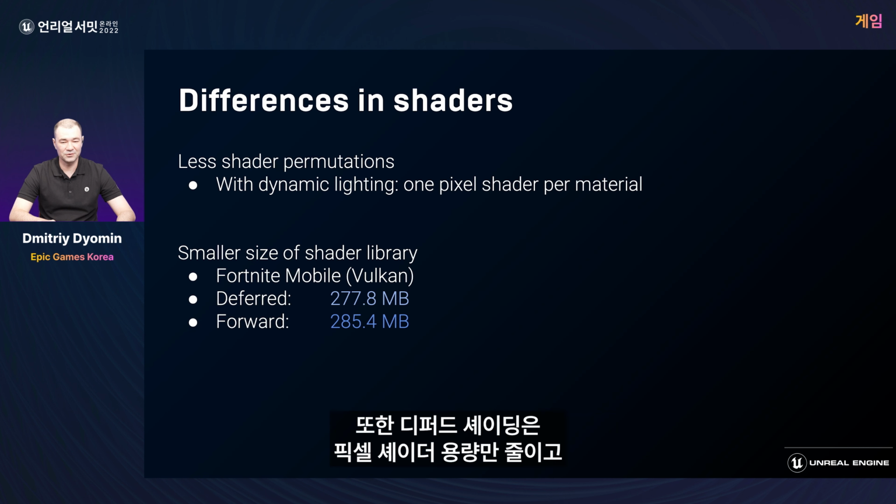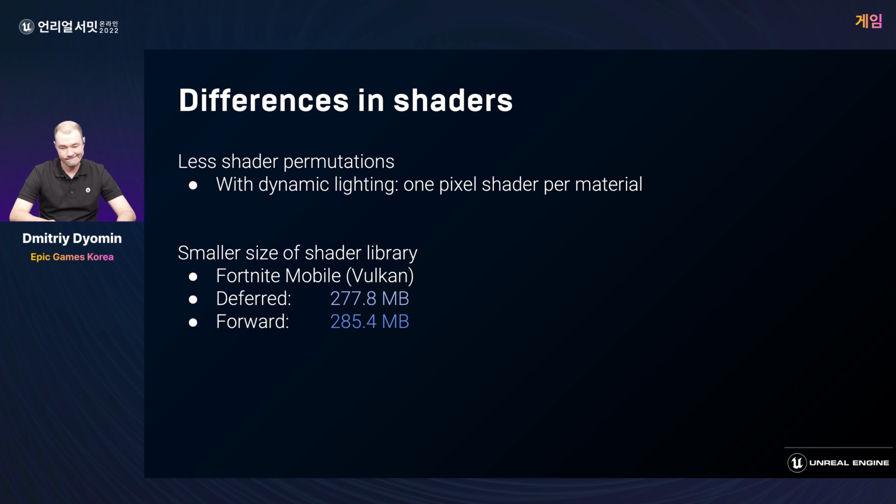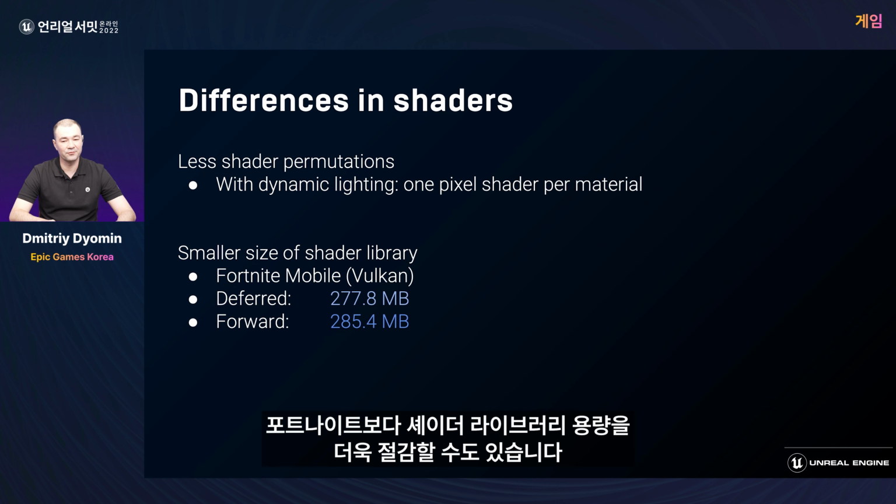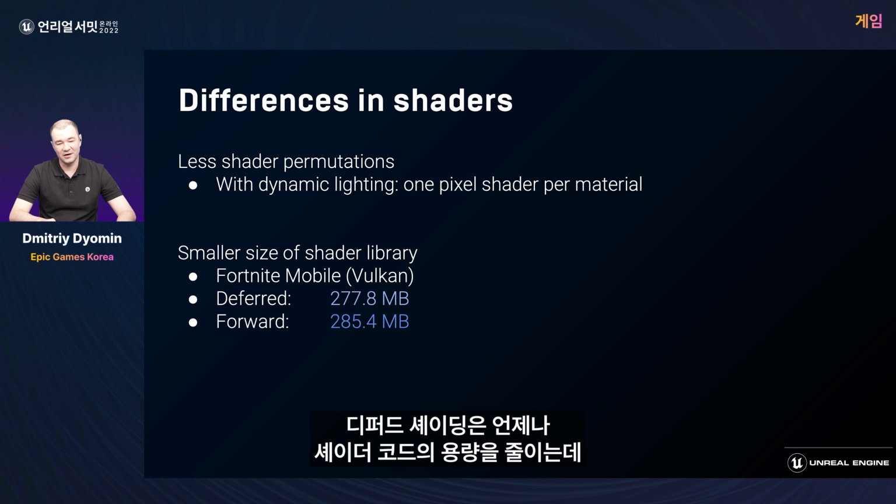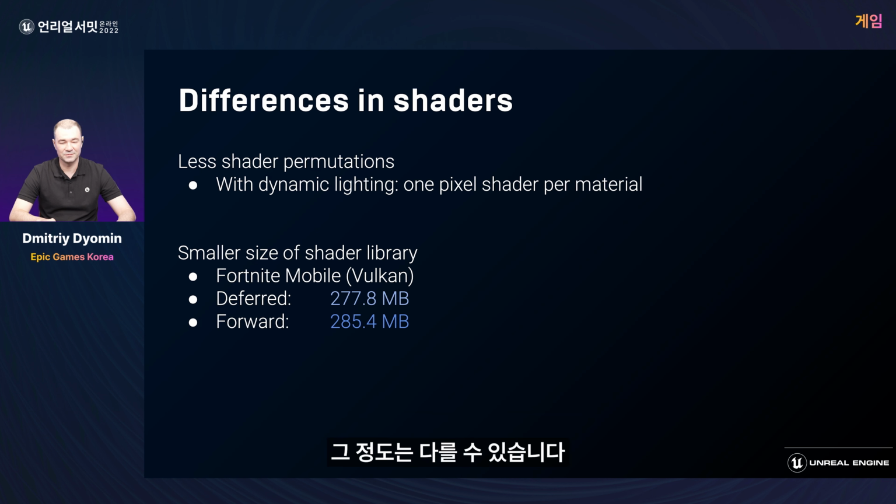Also, deferred shading reduces size only for pixel shaders, and vertex shaders stay the same. Depending on content, you can see bigger wins than Fortnite in shader library size reductions. And deferred shading will always reduce the size of the shader code. It's just the percentage that may vary.